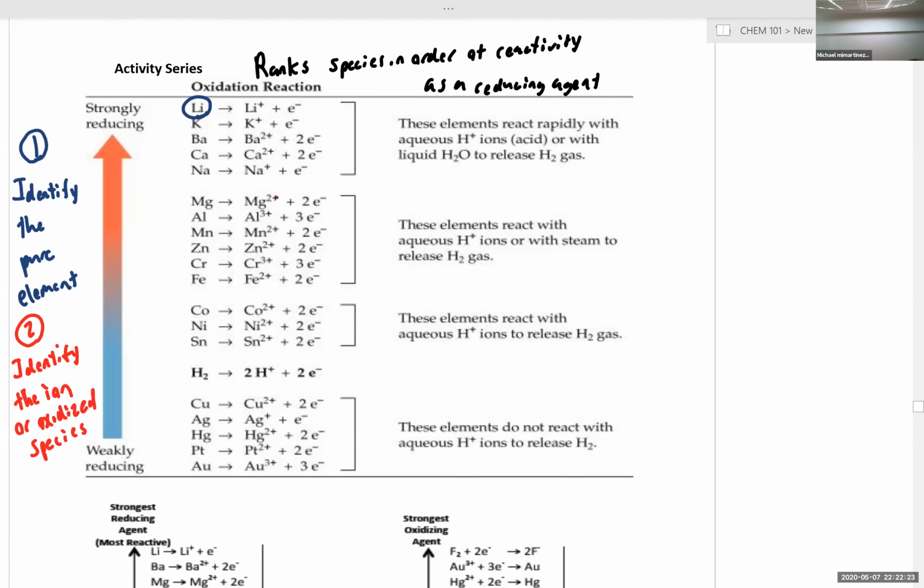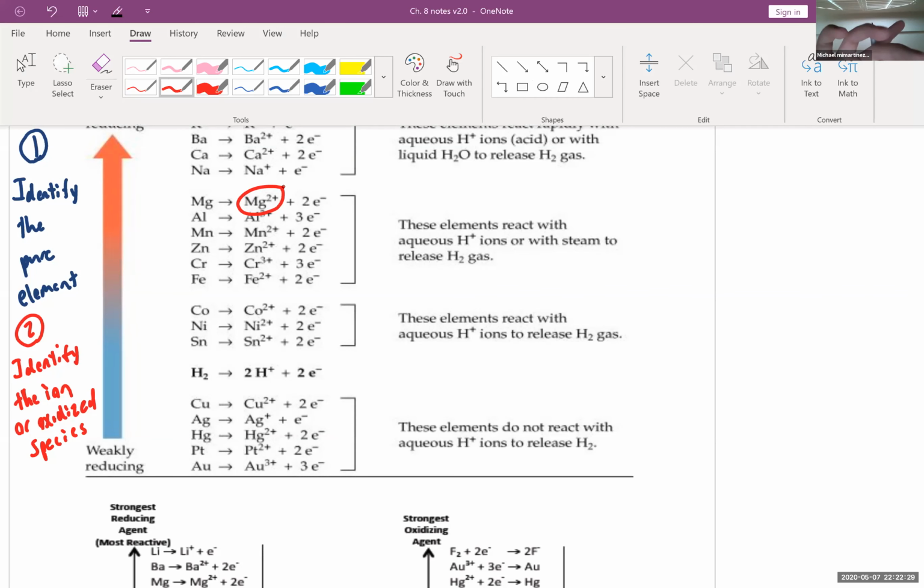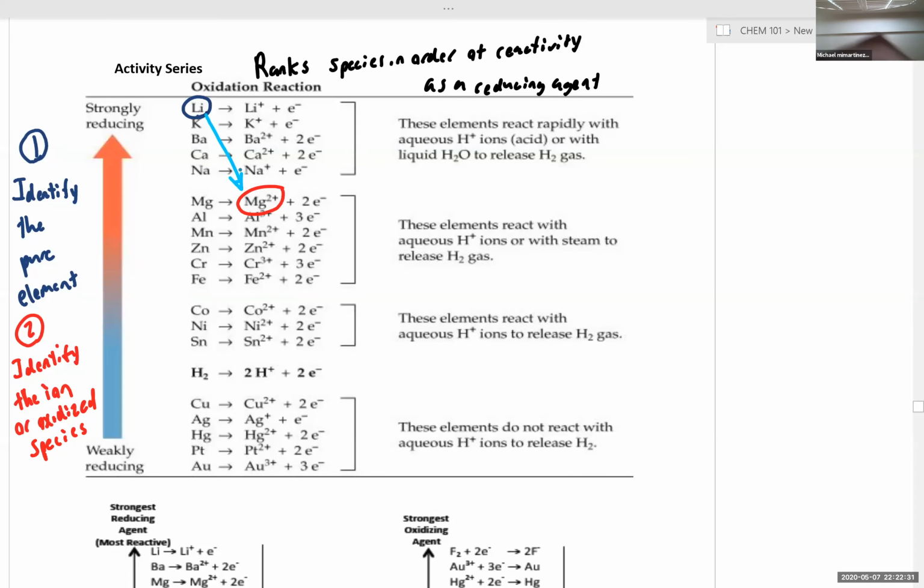So let's suppose it's magnesium, just for this exercise. Step three, you're going to draw an arrow from the element to the ion.